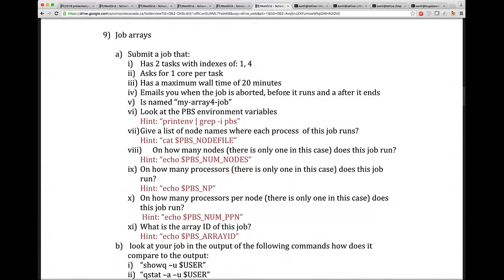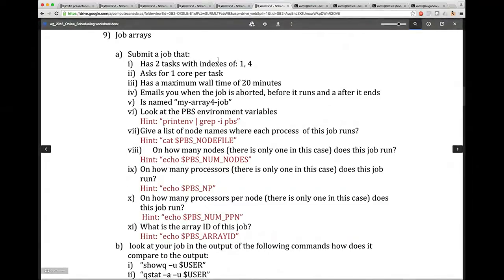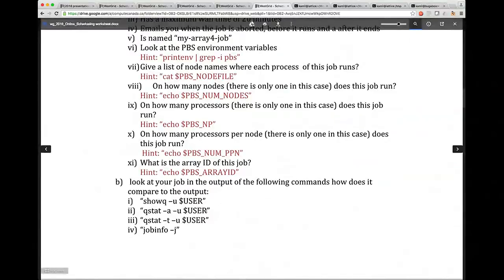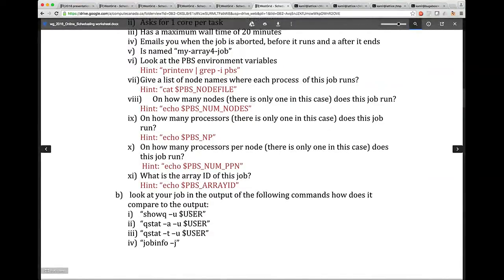Okay. Question 9. We're going to ask for a job array that has 2 tasks with indexes of 1 and 4, with 1 core per task, is named myArrayJob4, and prints a whole bunch of environment variables. On Jasper, for a while, you used to be able to actually run this interactively, which makes no sense at all.